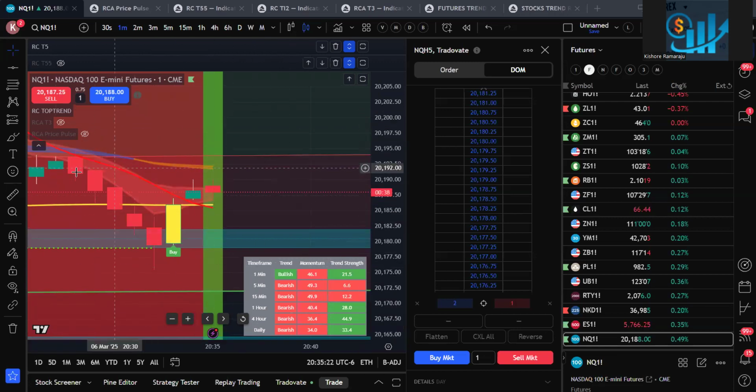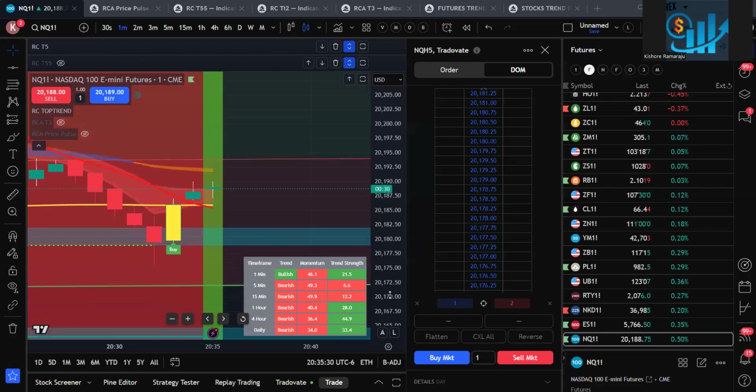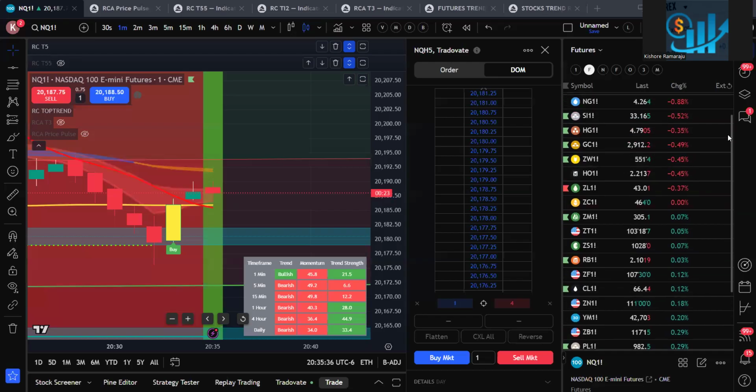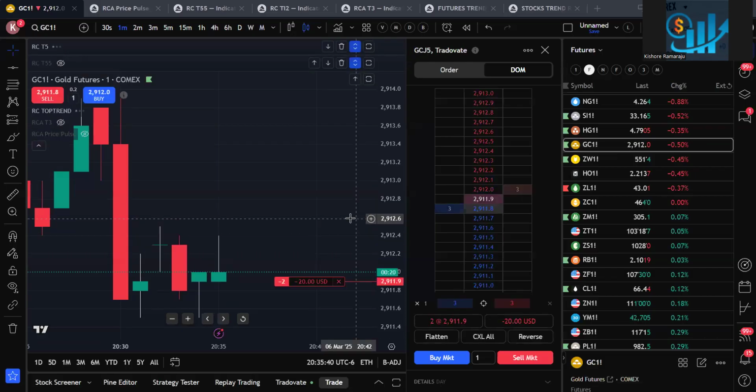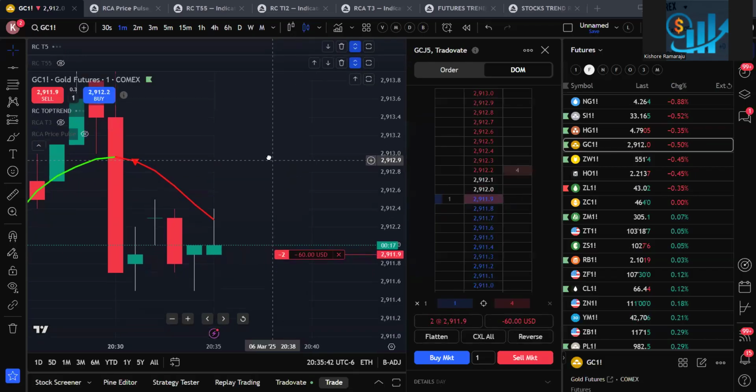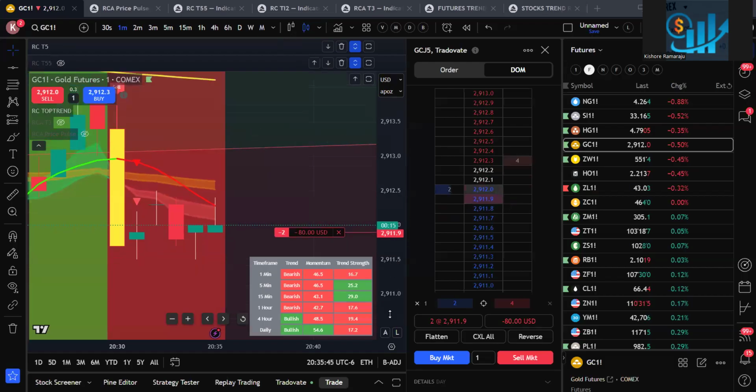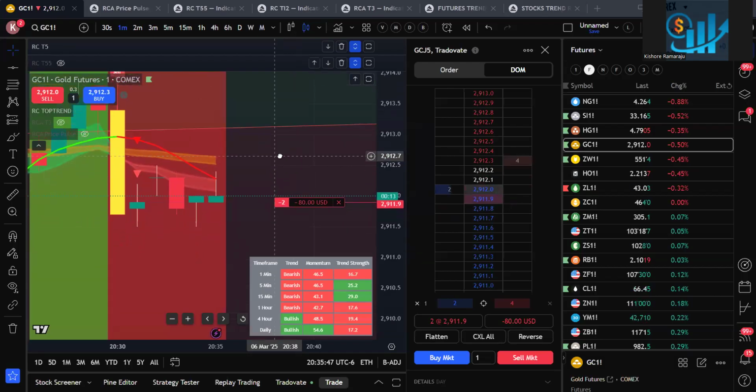If you look at the last 30 minutes, mainly the chart is in red color. So you only focus on the sell side. If you get a sell signal, we can sell. That is also first to close GC and then go to the next one.